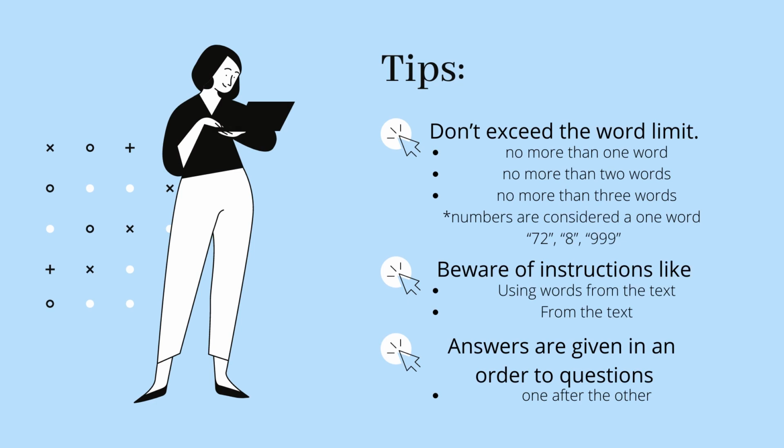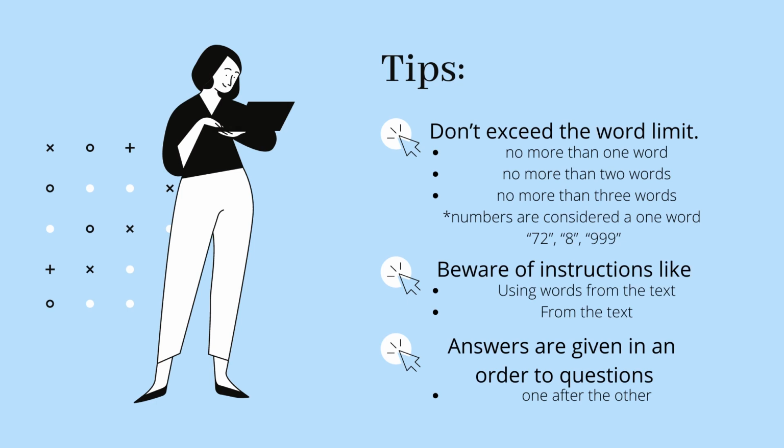Sometimes the question will state using words from the text or from the text. In this case, you should only use the words from the text and not change them or use different forms of words. If it does not say this, then you are allowed to change the words as long as the meaning is the same.